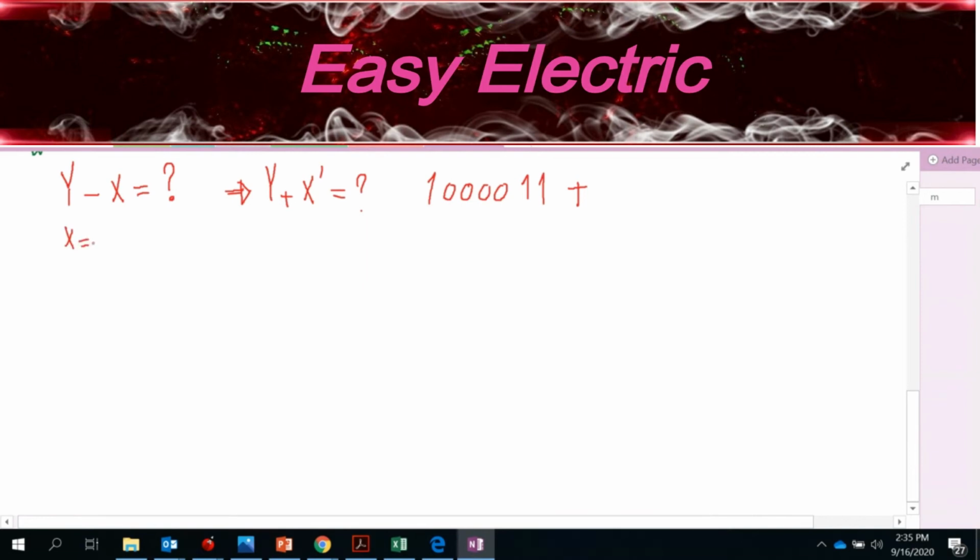I rewrite the x here, which is 1010100. So what is the 2 complement of this, which is the x prime? What is the 2 complement of x? This is a good practice for how you can get the 2 complement of a number. Just type in the chat box what it is.